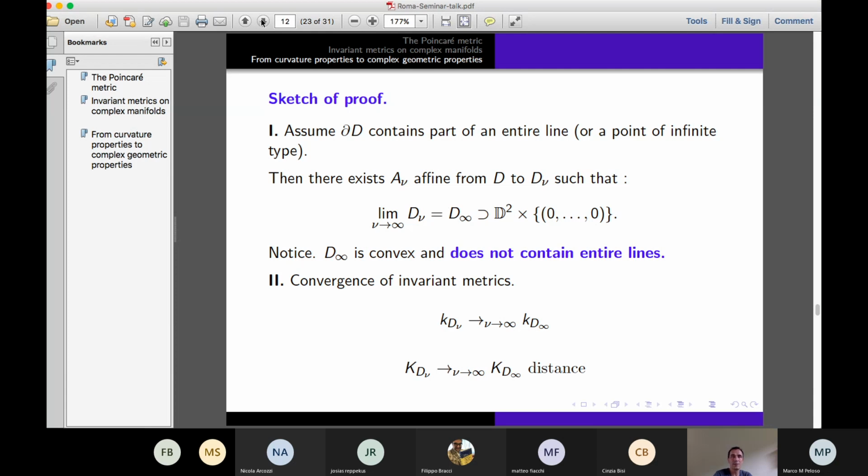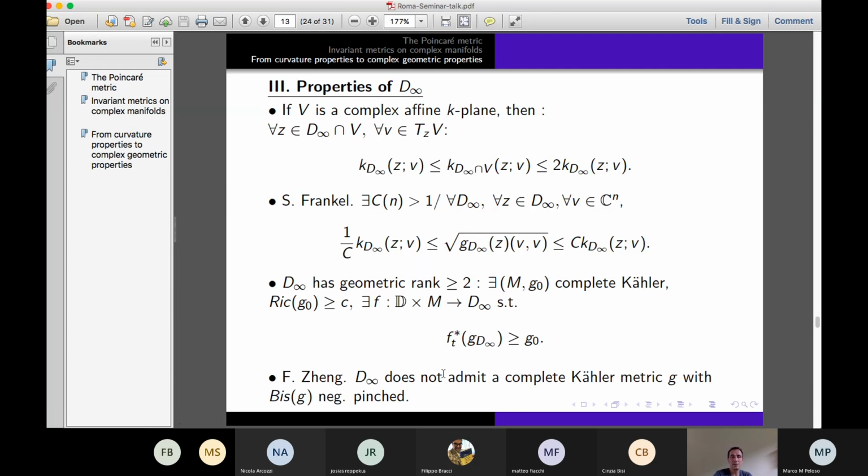And you would use Zhang's result to get the contradiction. And it's exactly the way it works.